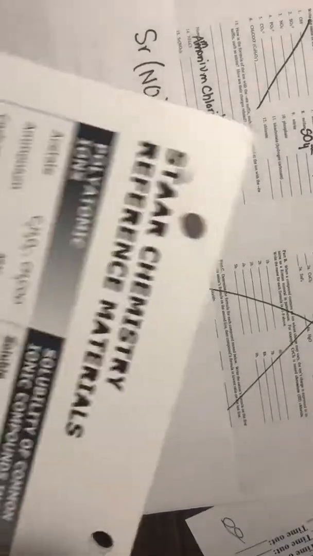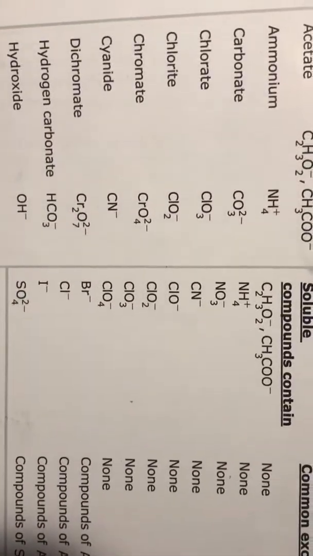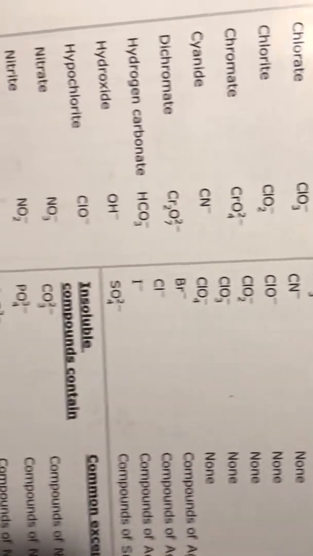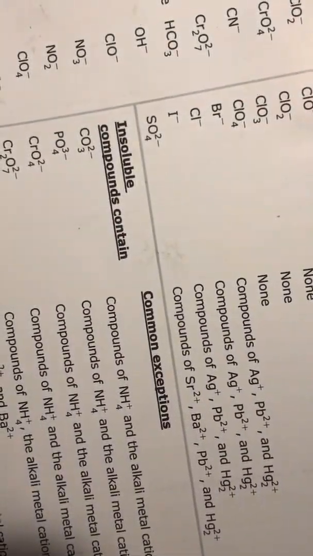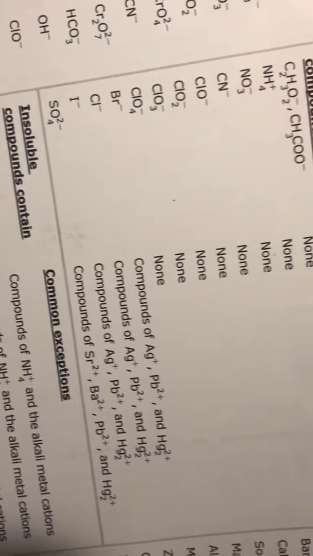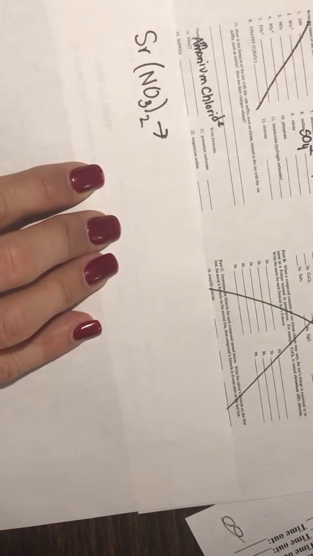Okay, so Sr on the periodic table. I look at my polyatomic chart first. There are no Sr on my polyatomic. So then I'm going to flip it over. Sr is, anyone? Strontium. Okay, thank you.